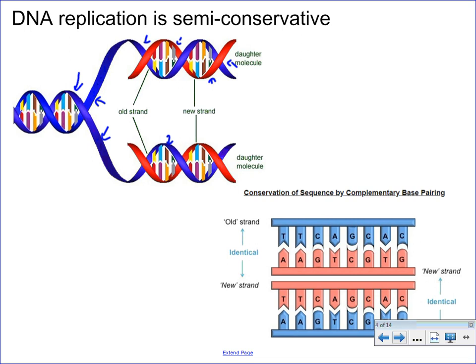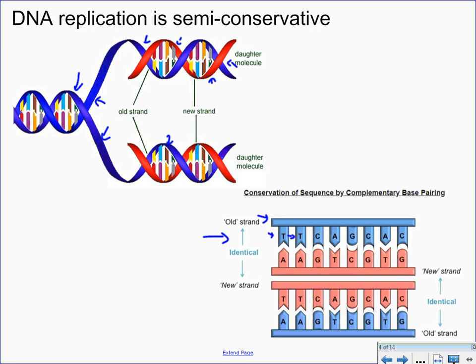And the way that each old strand works as a template, if we have a look at the bottom diagram, is that if the blue part of the diagram represents the old strand, or the current DNA, the sequence of those bases will determine the sequence of bases on the strand that is being built or synthesized, based on complementary base pairing.